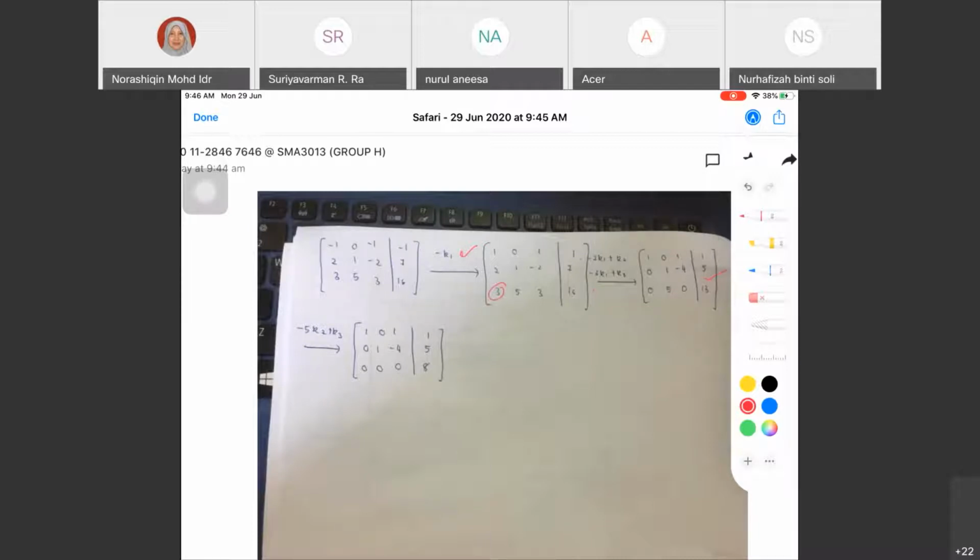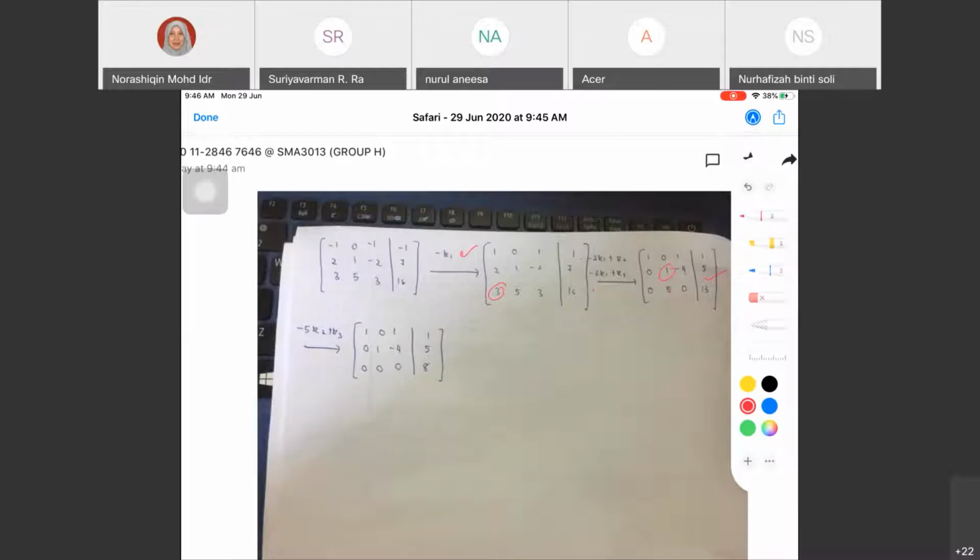So you have 0, 5, 0, 13. Okay. Kita tengok yang satu tu dah ada 1. Okay. Negative 5 R2 plus R3. 0, negative 5, 0, negative 5, negative 20.